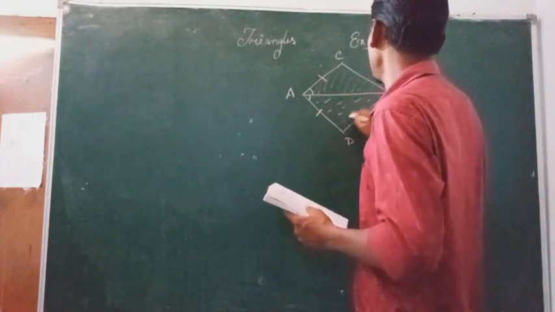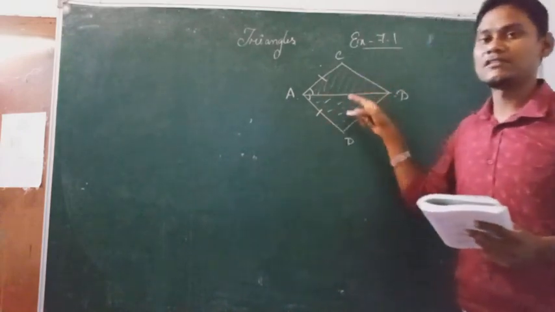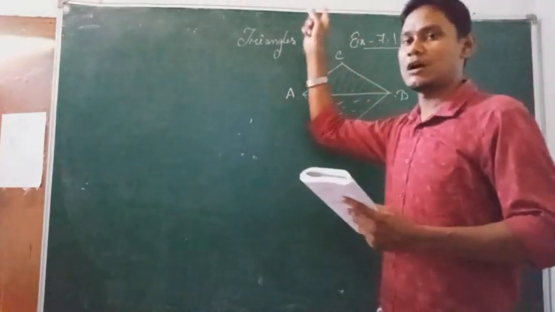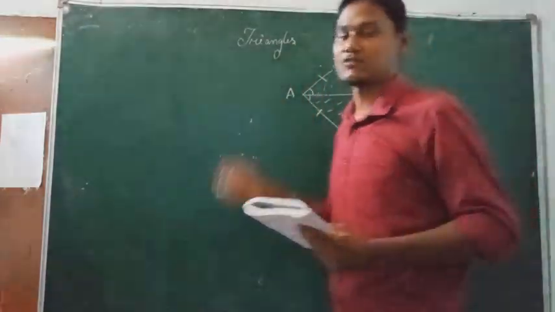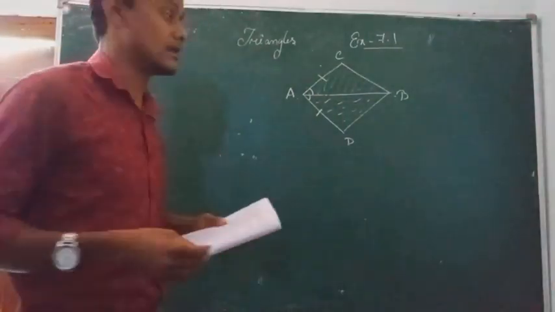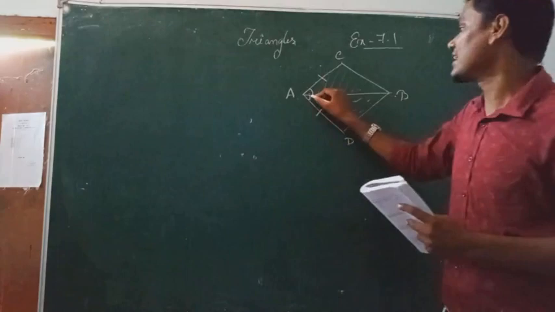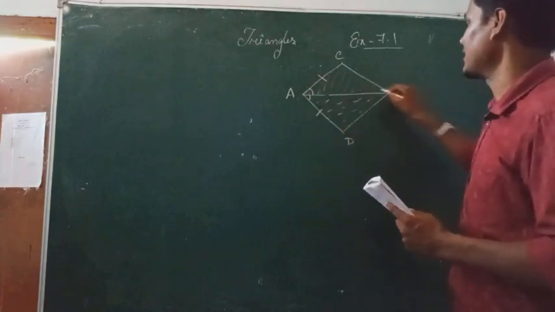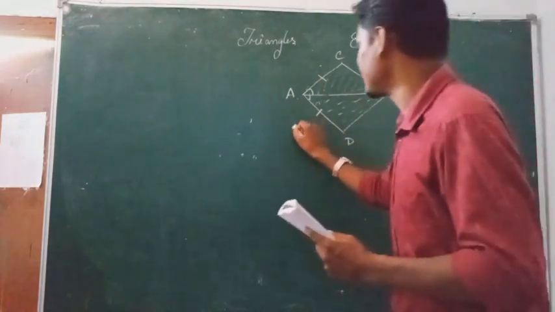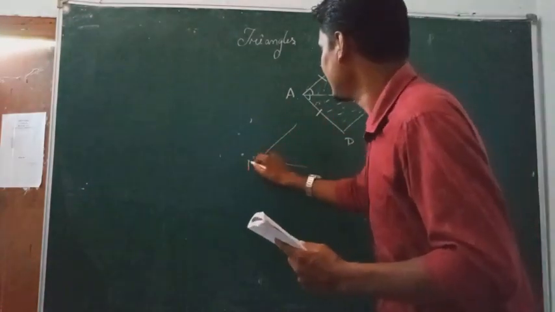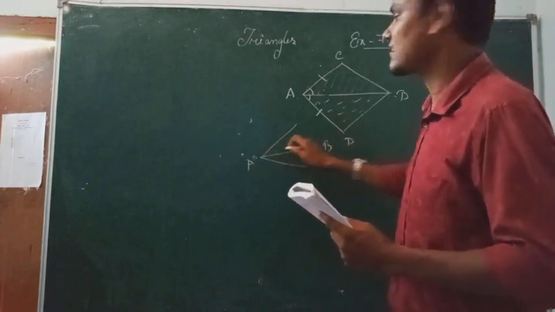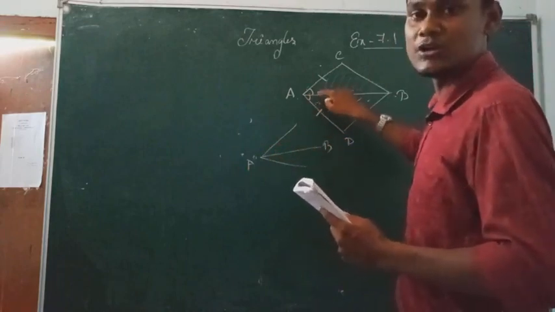Already I told that this side divides the quadrilateral into two triangles, where the AC side belongs to the upper triangle and this AD side belongs to the lower triangle. Apart from this, it is given that AB bisects angle A. This means the line AB divides angle A, the complete angle, into two equal parts.